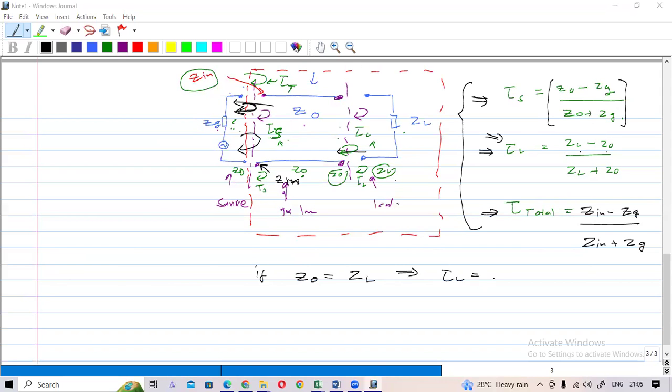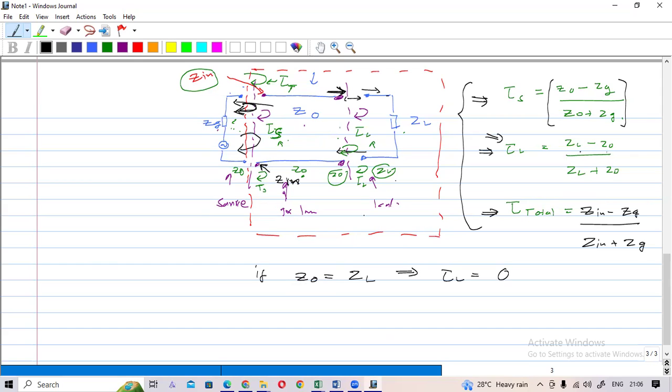Yes, that will be 0. That means no reflection, because these impedances are matched. All the power coming from this point will be delivered to the load.